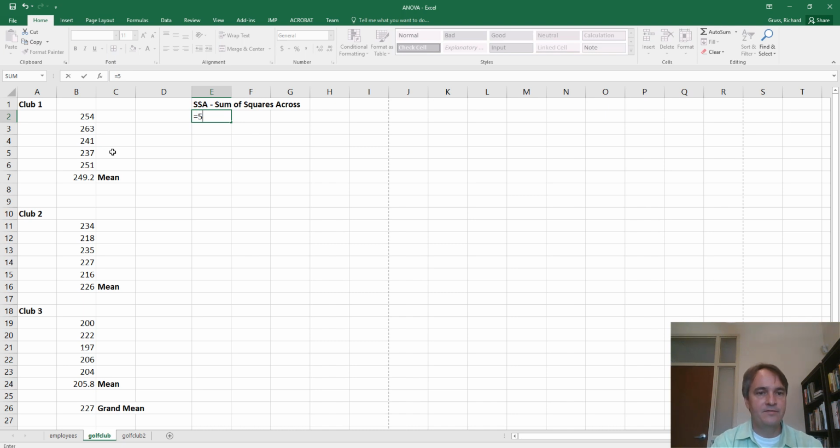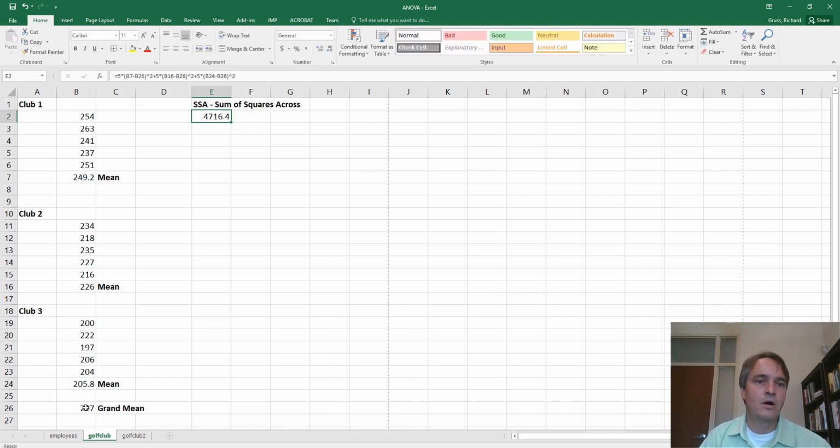So we're going to do 5 times this minus this, squared, plus 5 times this one minus the grand mean, squared, plus 5 times this mean, and I should really remember parentheses here, this mean minus the grand mean, squared.